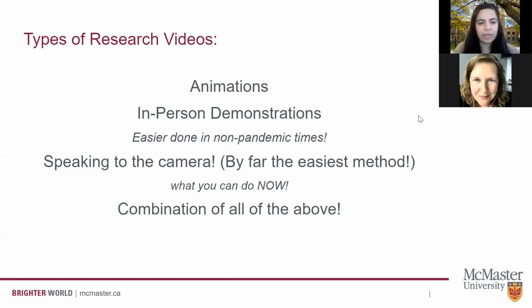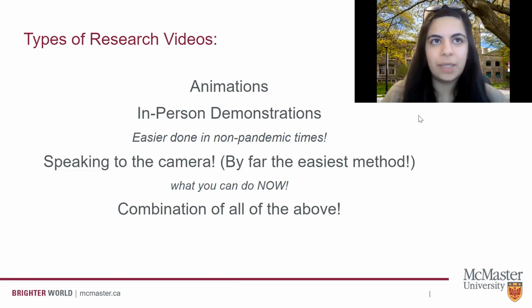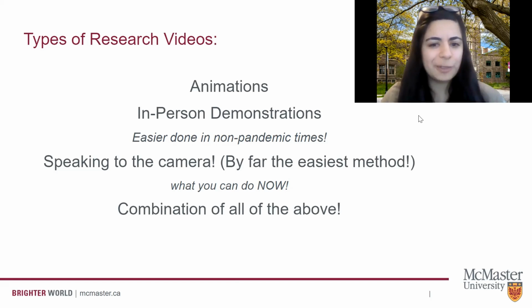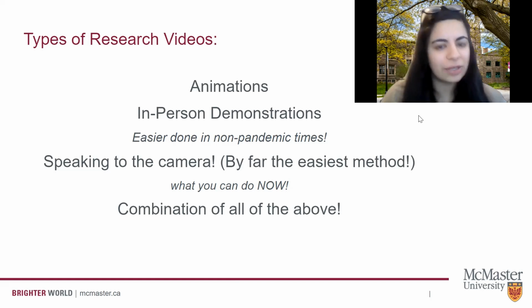Right now, I want to lean a little bit towards the in-person demonstrations and speaking to the camera. Because we're in pandemic times, this often means that we can't actually go out and film. In fact, I believe it's still illegal for photographers and videographers to be operating right now.